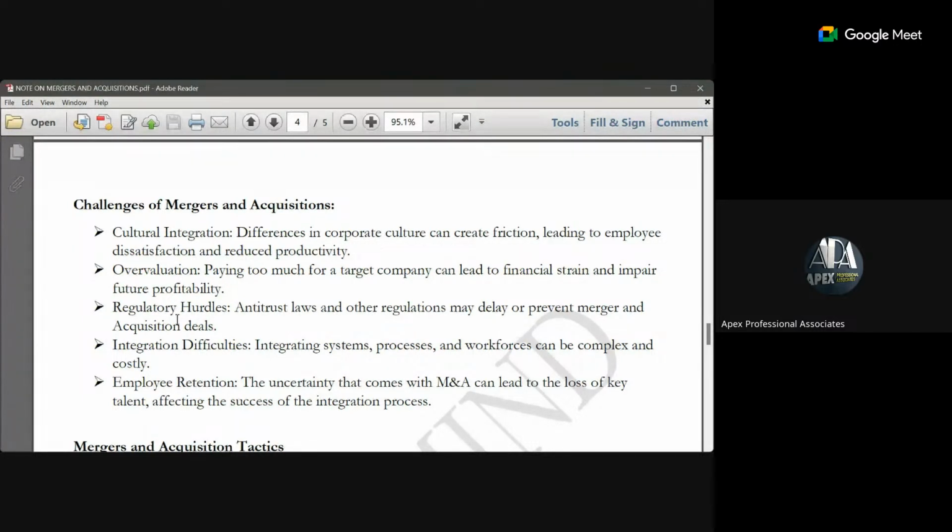We also have the regulatory hurdles. Antitrust laws and other regulations may delay or prevent mergers and acquisition deals. You will not just say, okay, I've seen this person, I want to acquire, just like you don't say, I've seen this person, I want to get married to her, and you just get married. The standard is that you have to meet the person's family, and the person has to meet your family.